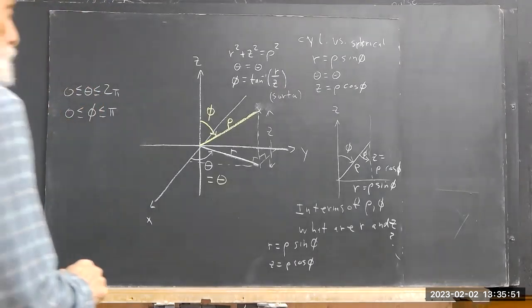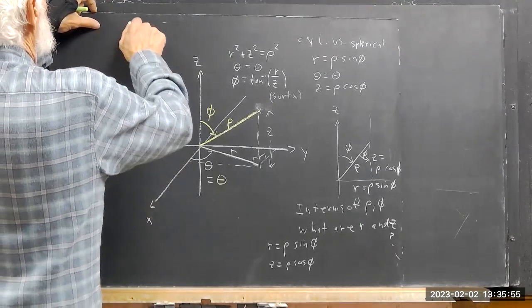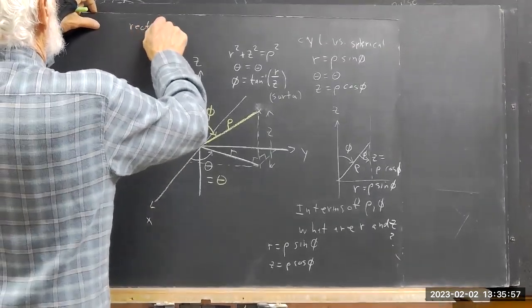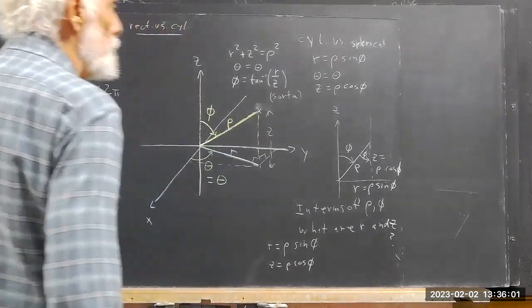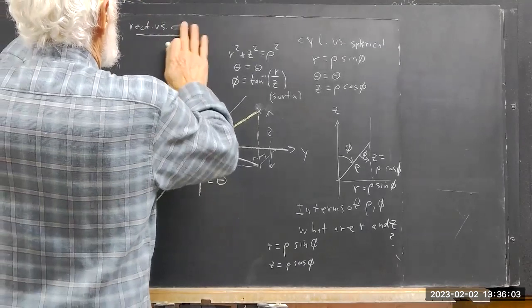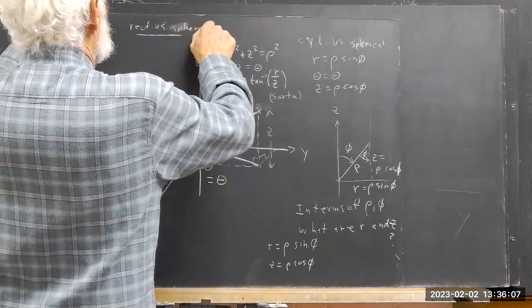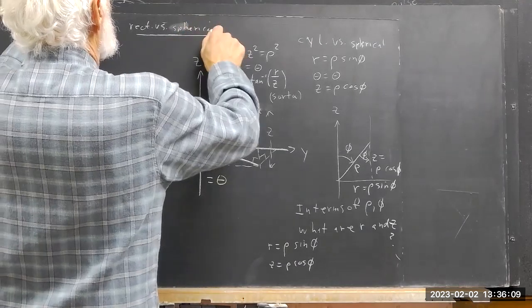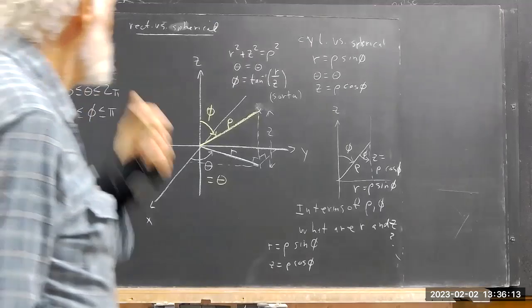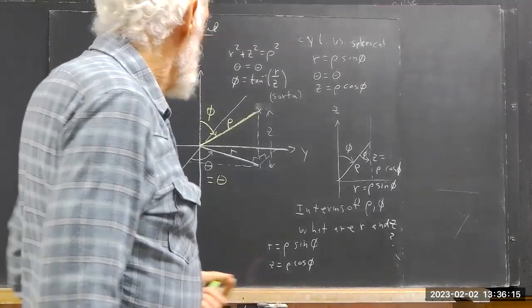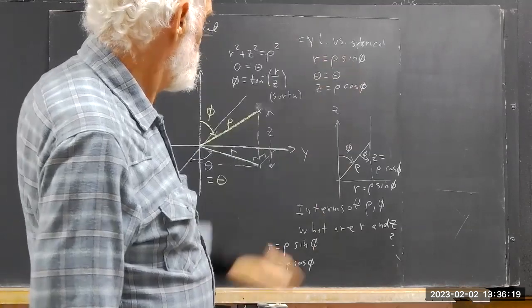Rectangular versus cylindrical versus spherical. R is rho sine phi.